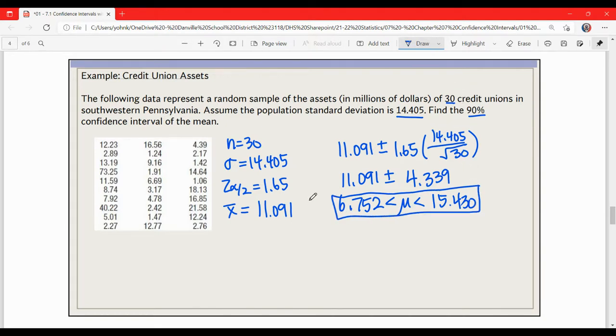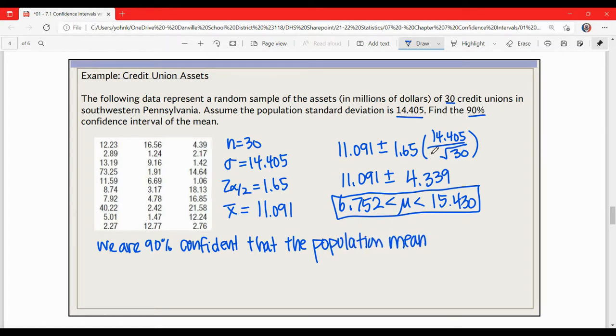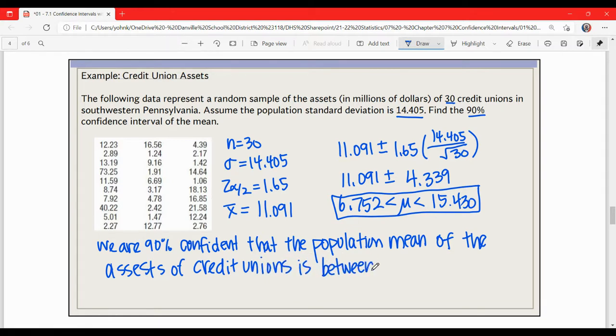So based on this sample of 30 credit unions, we are 90% confident that the population mean of the assets of credit unions is between 6.752 and 15.430 millions of dollars.